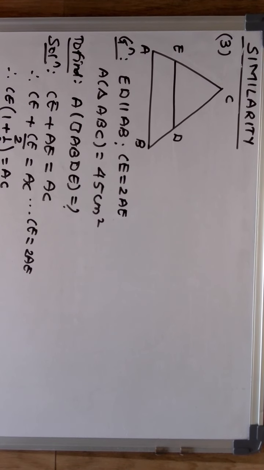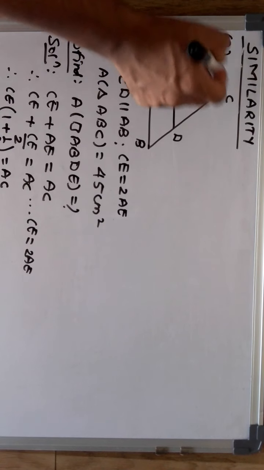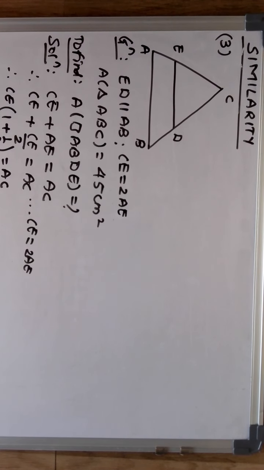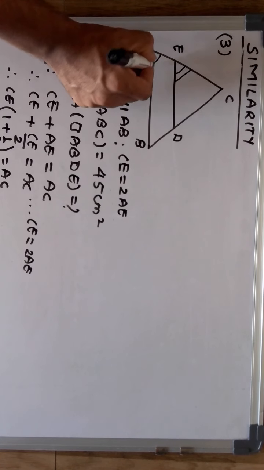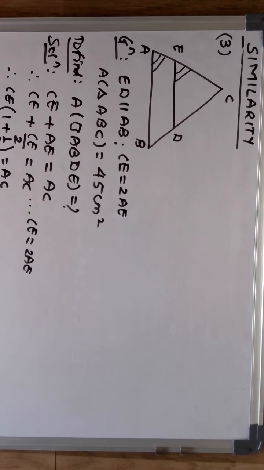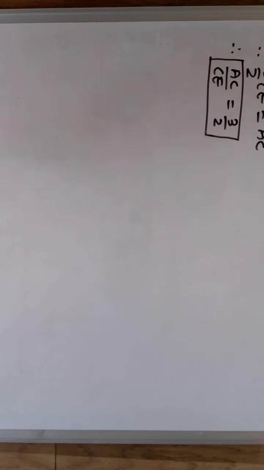So triangle ABC and triangle DEC, one angle is common already, and see these two angles. They are corresponding angles and the lines are already parallel. That means the two triangles are similar by AA test. So the same thing I will note down.